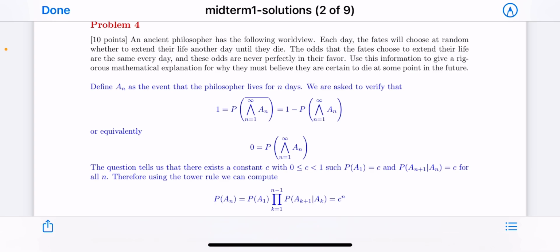So if you didn't catch that the word perfect is supposed to mean less than 1, and you just interpret it as saying the odds are never in their favor, so they're always less than or equal to 1/2, then you can get full credit for that on this problem. I will say, though, that if the odds are 1/2, the philosopher would probably be pretty sick.